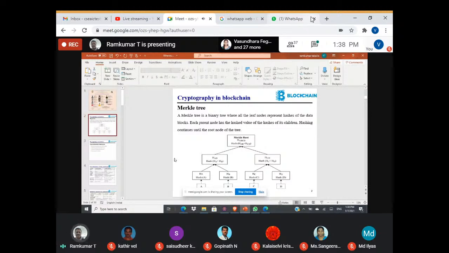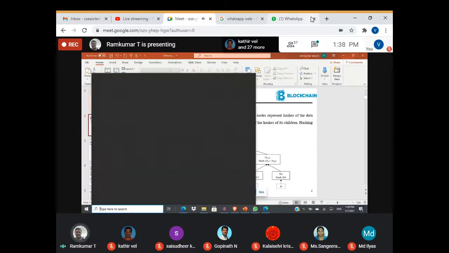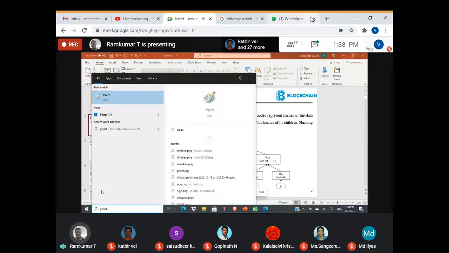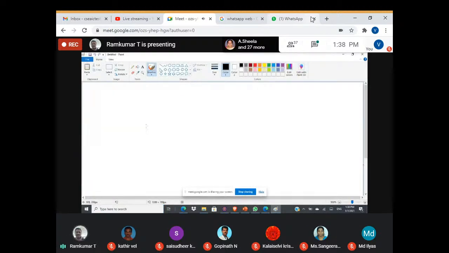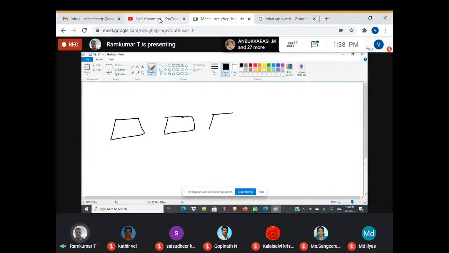In order to join blocks, you use the Merkle tree structure. Suppose I have a blockchain in this format: this is one block, this is another block, and this is another block.